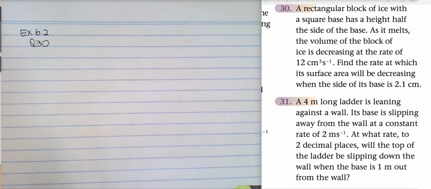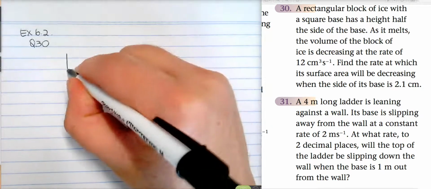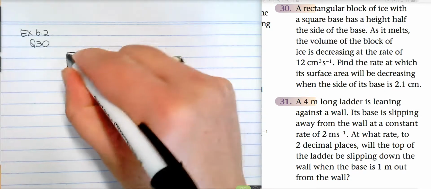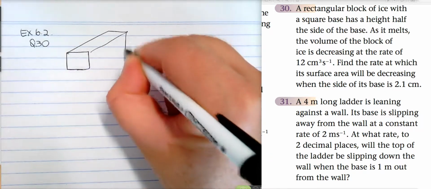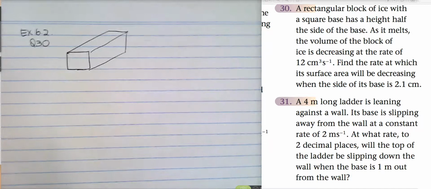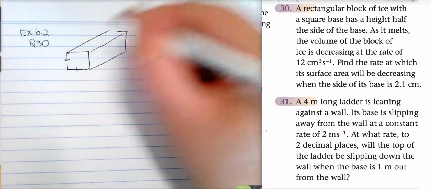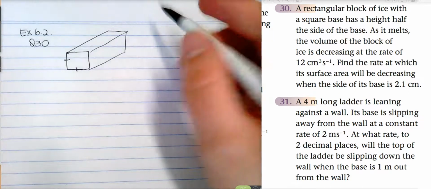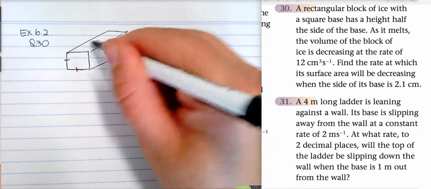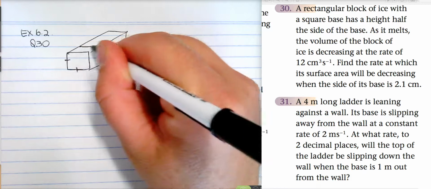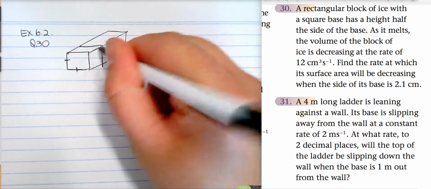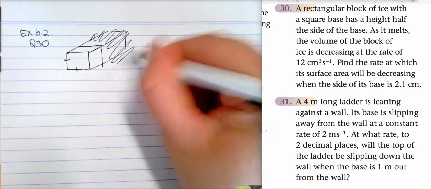It says a rectangular block of ice with a square base. So it's like a square prism. It's like that. A rectangular block of ice with a square base has a height, oh, I've actually drawn that really badly. The height is only half the size of the base, so I shouldn't draw it like that.